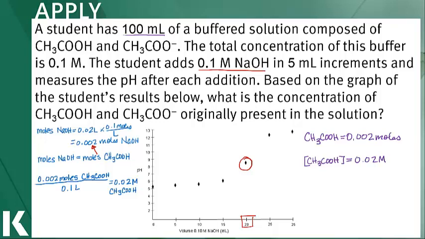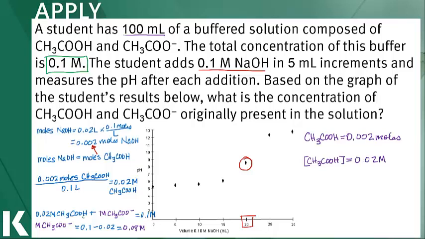They tell me in the question that the concentration of this buffer is 0.1 molar. That means this is the acetic acid plus that conjugate base, the acetate ion. So I have 0.02 molar acetic acid plus some molarity of acetate ion equal to 0.1 molar.